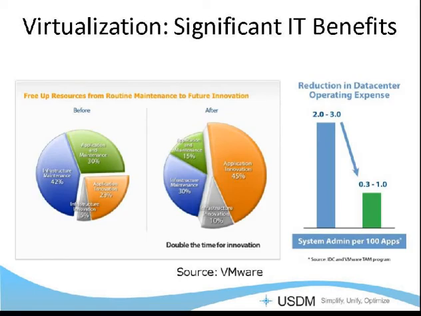So here's a cool little slide from VMware as well. It talks about how you could free up resources, because you're managing less physical infrastructure, less upgrades, and fewer issues related to downtime of your physical hardware, so you can focus more of your resources on the actual business of IT, which is application innovation, where you can actually service the business and provide quality IT service to your business.